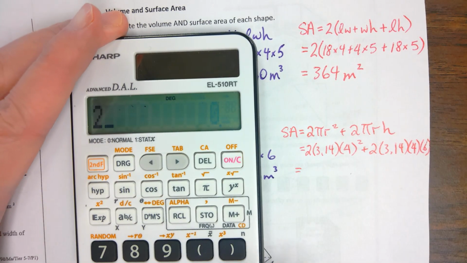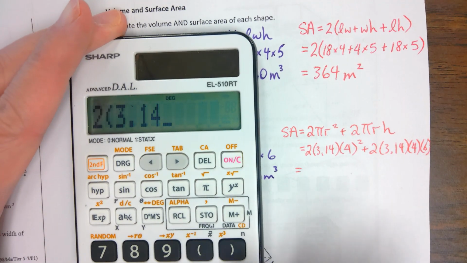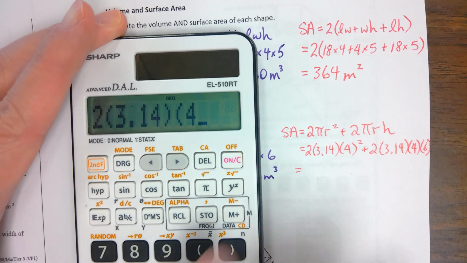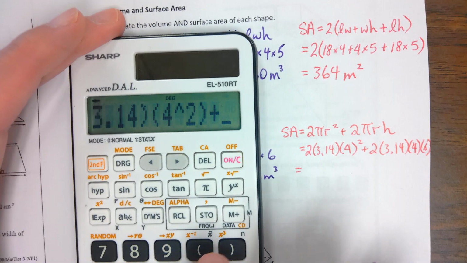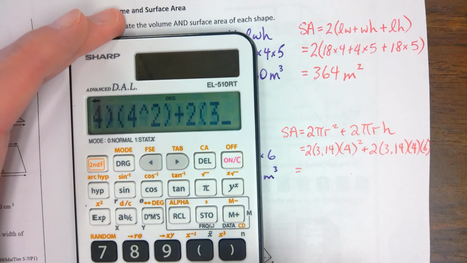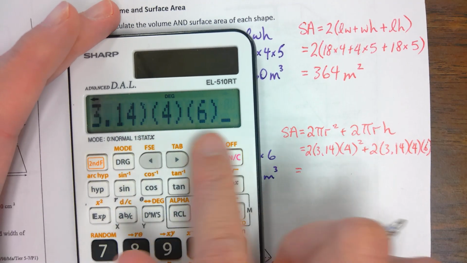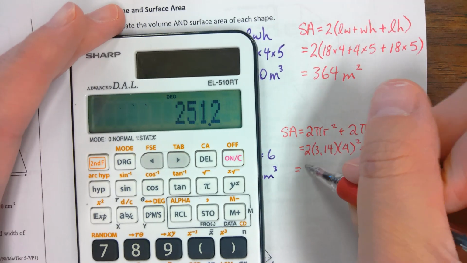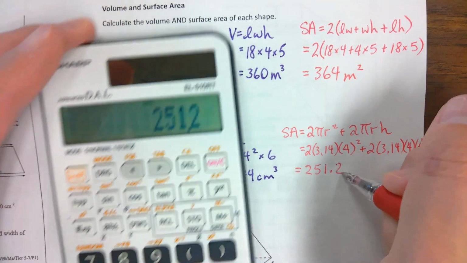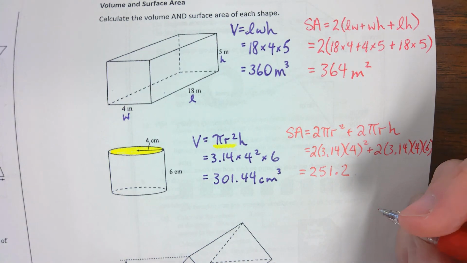Just be mindful of the brackets. 4 square, right, plus 2 times 3.14 times 4 times 6. So I'm putting it exactly as I see it. Press equal, I get 251.2. My unit. Martin, what's my unit?